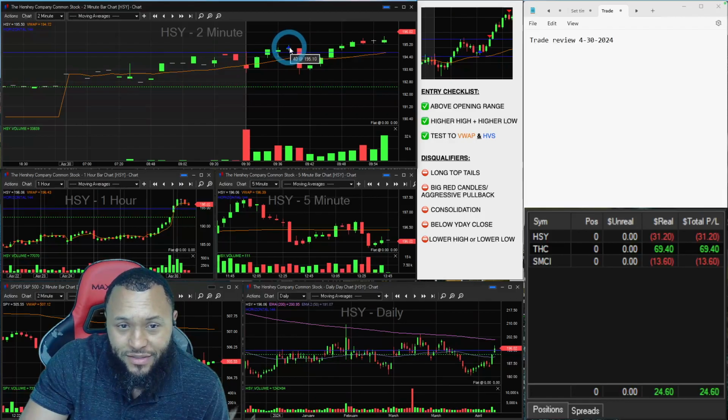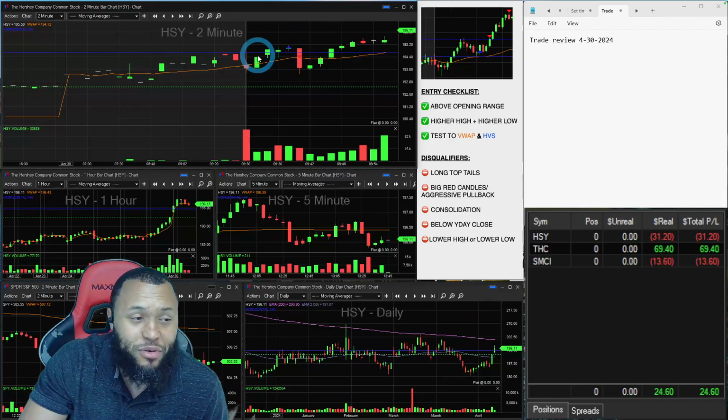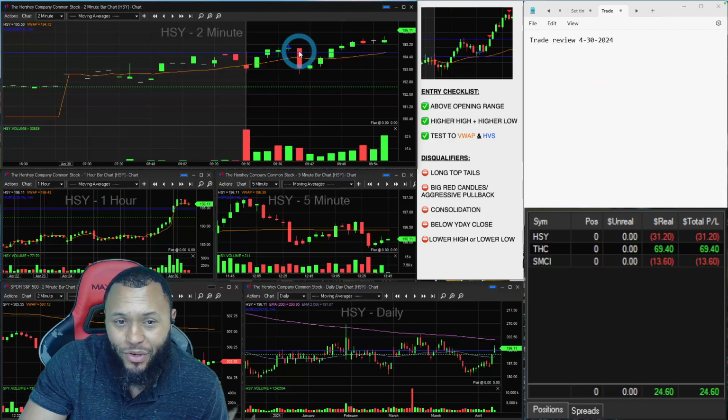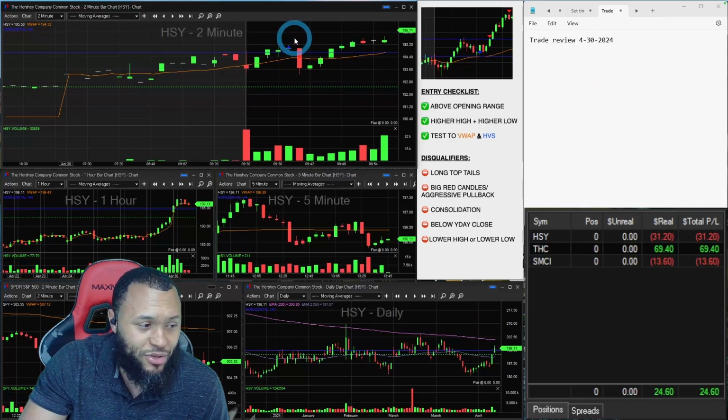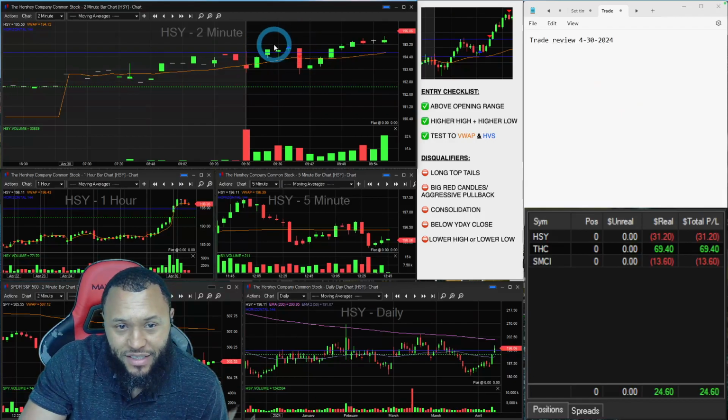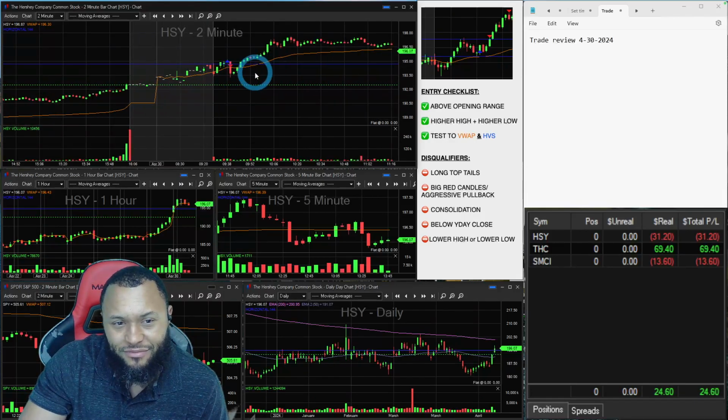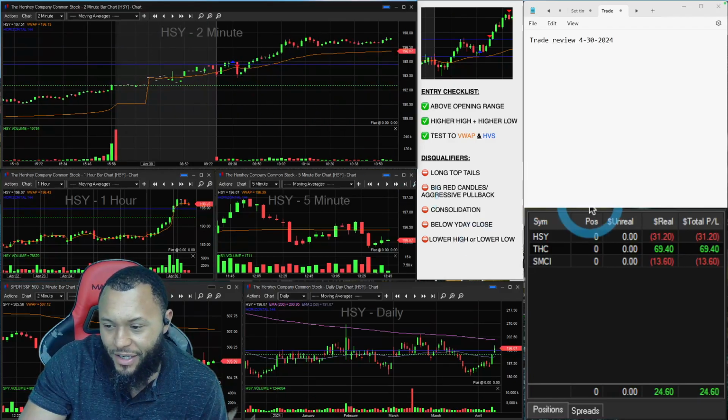I would have been waiting for this to close, which I need to put my timer back up. I didn't have my timer this morning. I'm supposed to wait for the 10-minute timer to close, so that would have saved me from this. And then I would have been waiting to see what this candle does, and there was just no pullback before this. So this was just a mess up. This is just a straight mistake to get in on this trade.